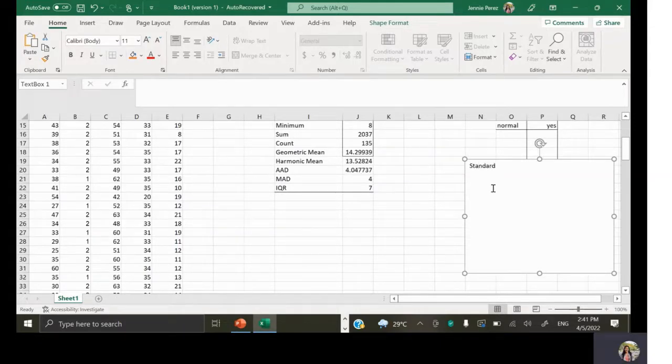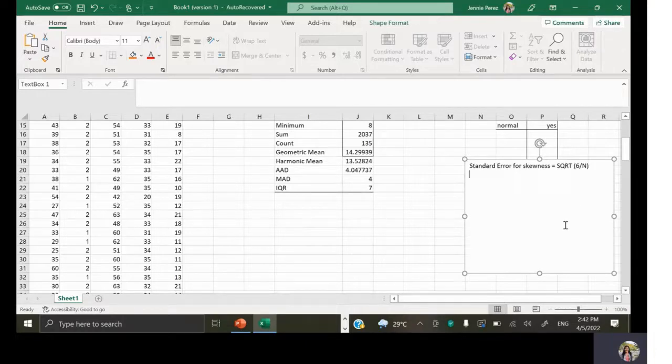Standard error for skewness is equal to the square root of 6 over n. N is the number of samples.